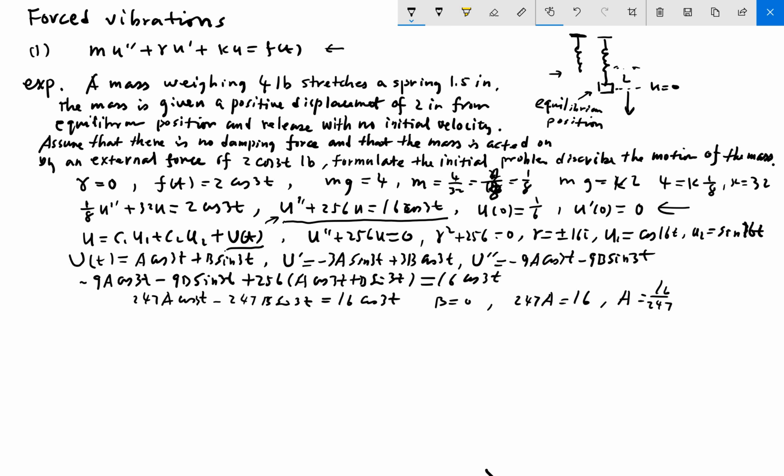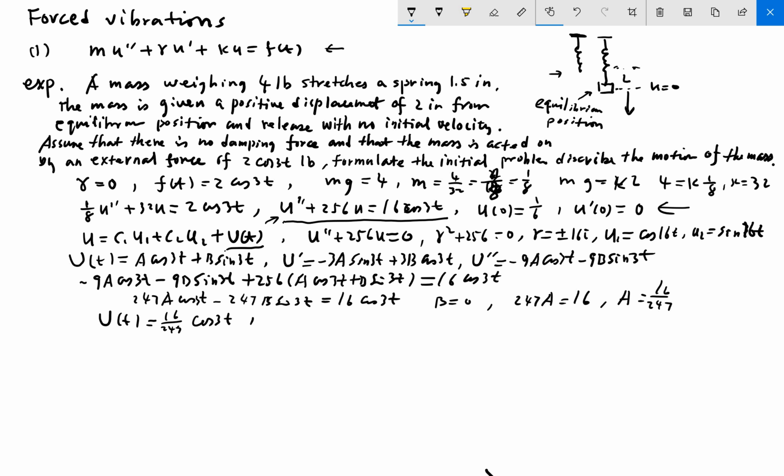Alright, so we find our capital U. We find our particular solution, which is 16 over 247 cosine 3t.